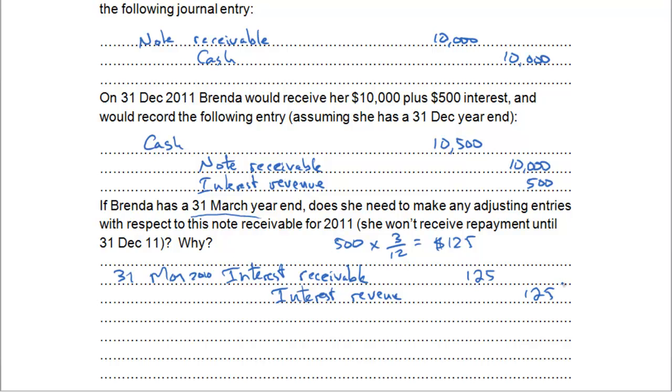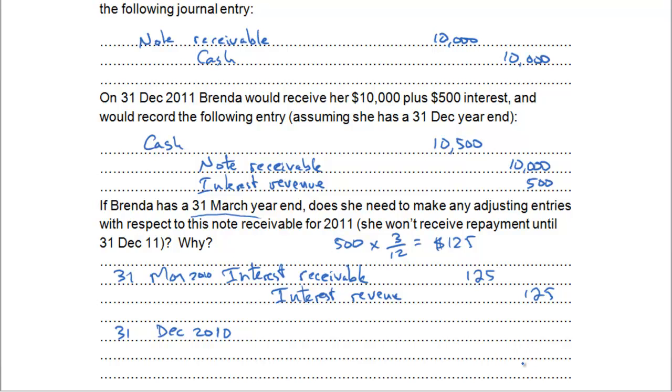Now, fast forward 9 months later, 31 December 2010. This is now a different fiscal year for her. The first interest revenue of $125 showed up in the year ended March 31st, 2010. This will show up in the year ended March 31st, 2011.